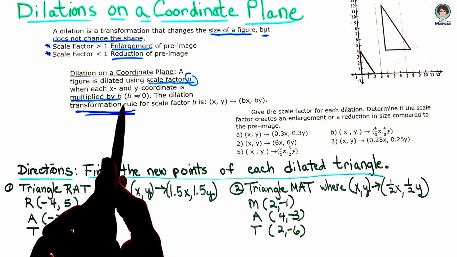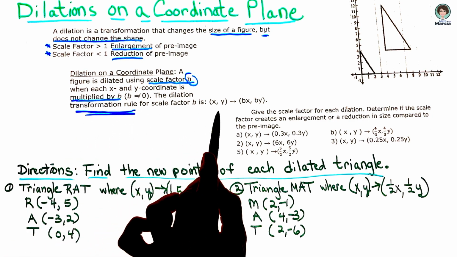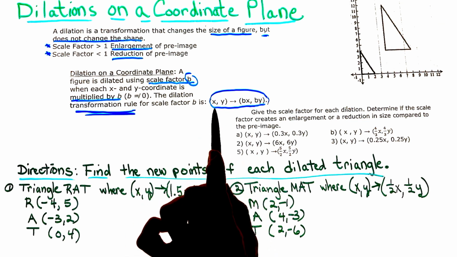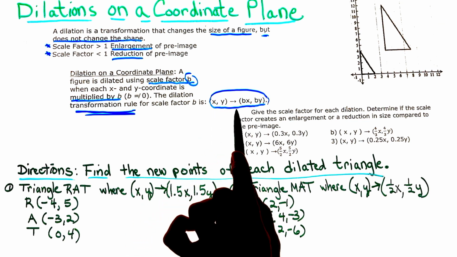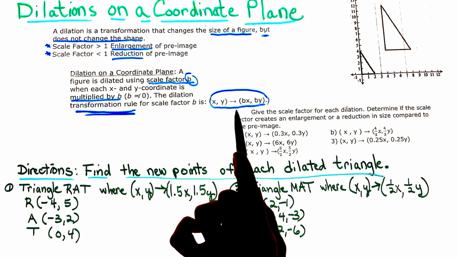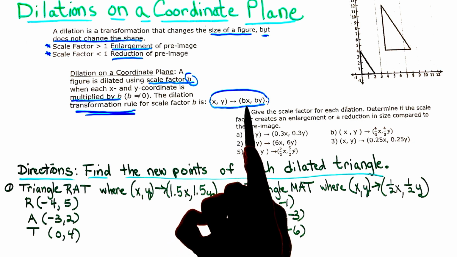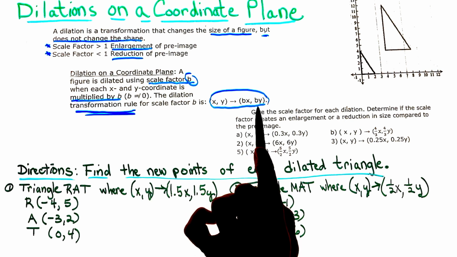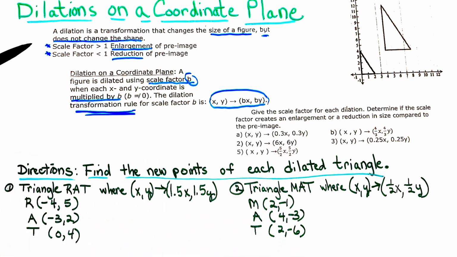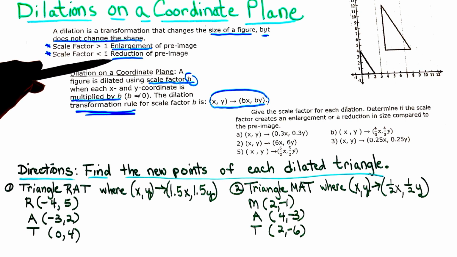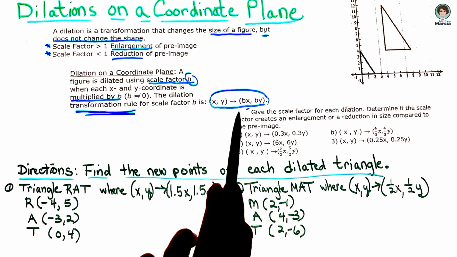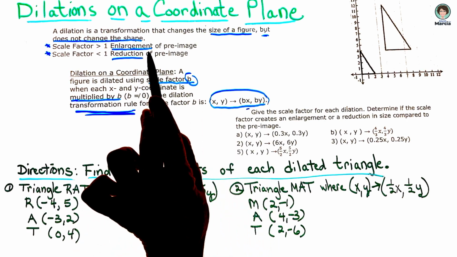This is very important that we're going to remember. It's right here. We start with an x and a y. This arrow means now we're going to multiply the x and the y by a number. If that number is less than 1, we have a reduction. If the number we're multiplying here is greater than 1, we have an enlargement.